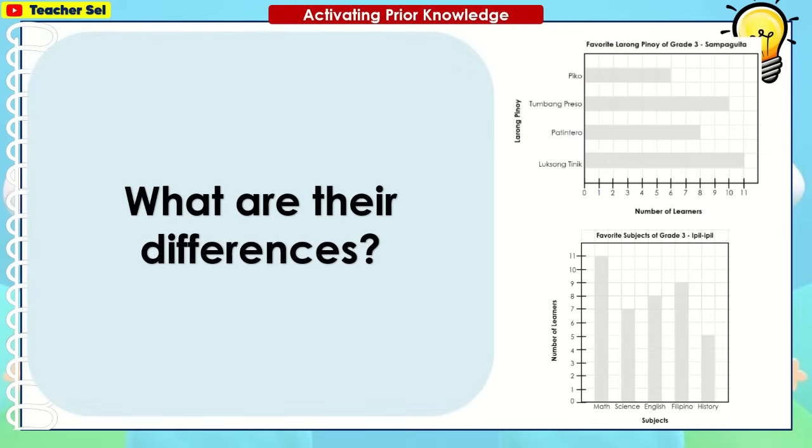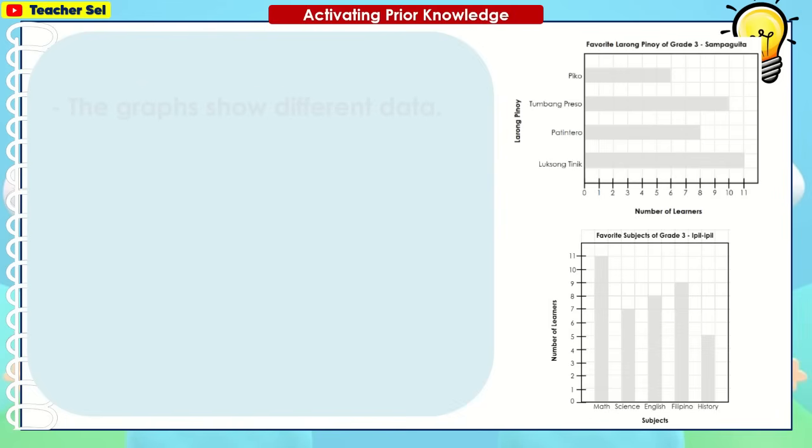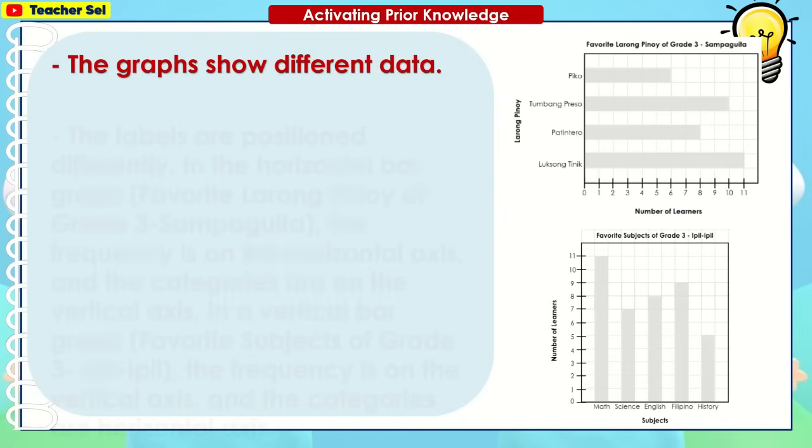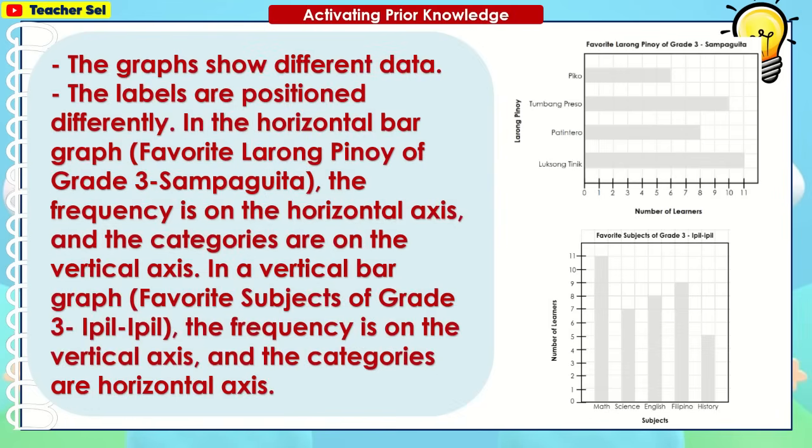What are their differences? The graphs show different data. The labels are positioned differently. In the horizontal bar graph, Favorite Larong Pinoy of Grade 3 Sampaguita, the frequency is on the horizontal axis, and the categories are on the vertical axis.